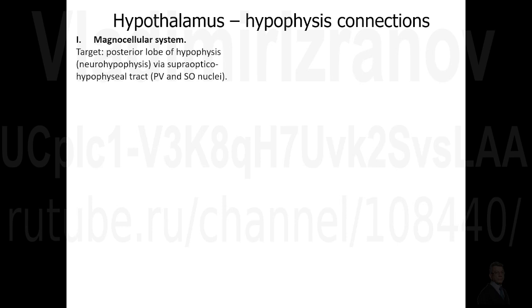Now we will look at the hypothalamus-hypophysis connections and how hormones are produced from these groups of nuclei. So, magnocellular system. Target is posterior lobe of hypophysis via supraoptico-hypophyseal tract. That means nuclei paraventricularis and supraopticus.